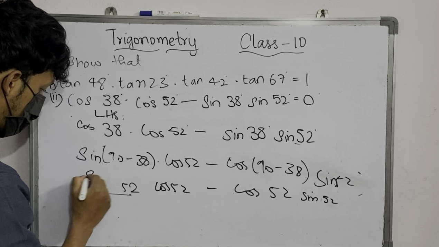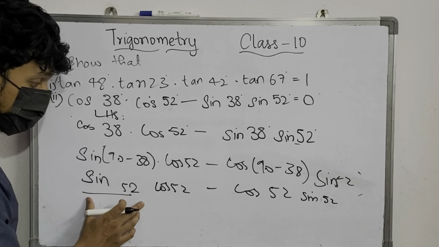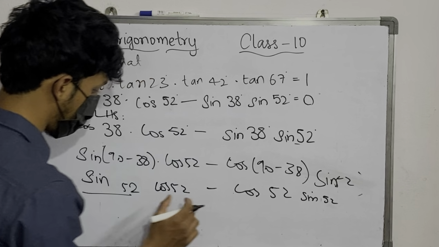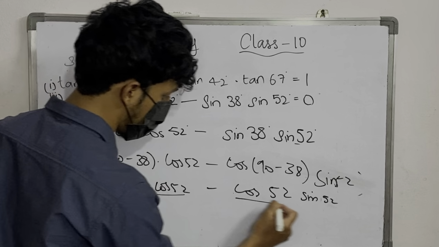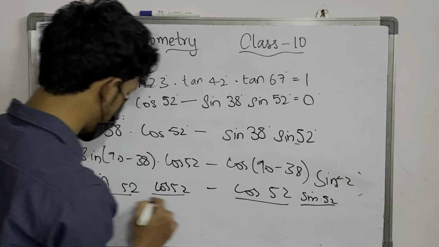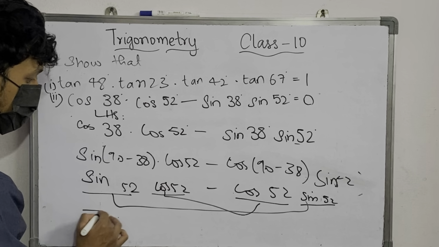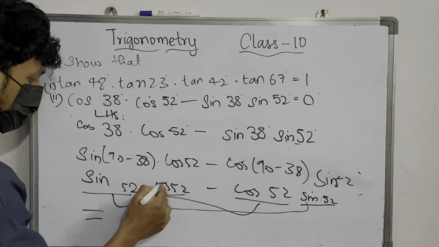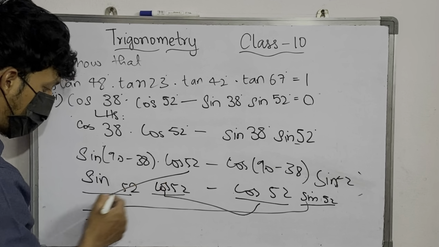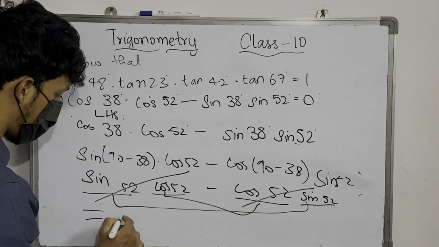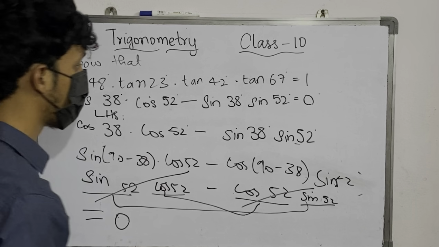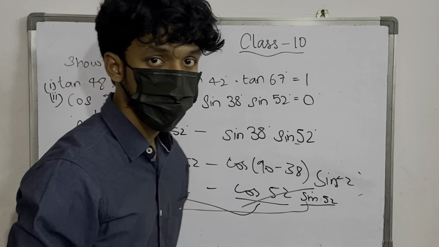I'll write it once again clearly. So this is sin 52, and here we have sin 52, and here we have cos 52, and here we have cos 52. So as you can see, these things are matching, so this whole term and this whole term get cancelled, and we get the answer as 0. So this is how we proved it, guys, and that's all.